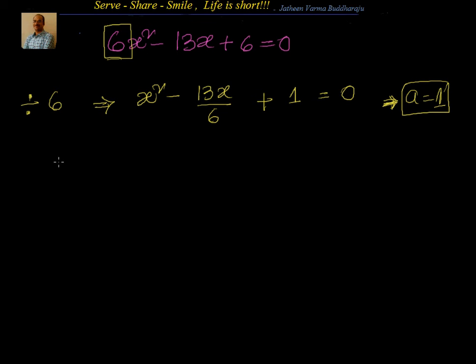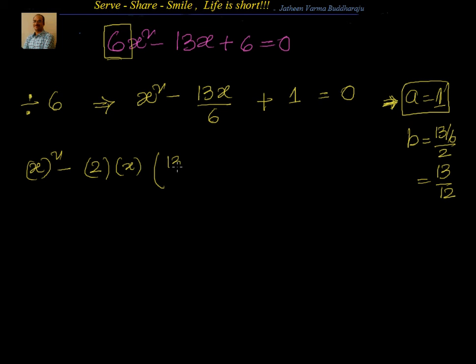Okay, so the next step will be, now I have to find out b. I know that b equals 13/6 divided by 2, that's equal to 13/12. So my equation will become x² − 2·x·(13/12), that is the 2ab term, equal to −1.